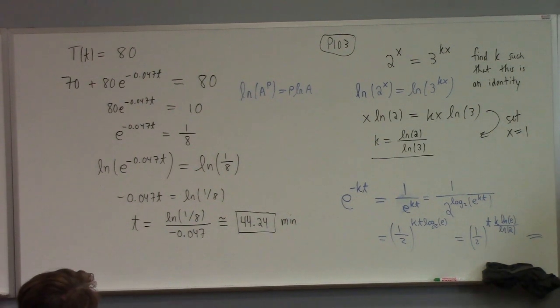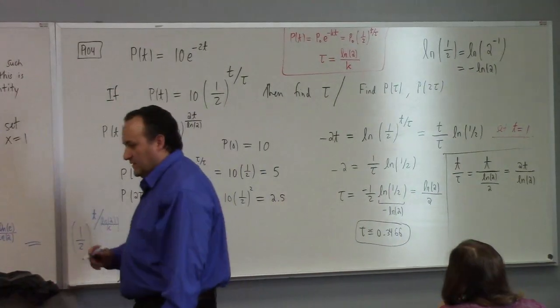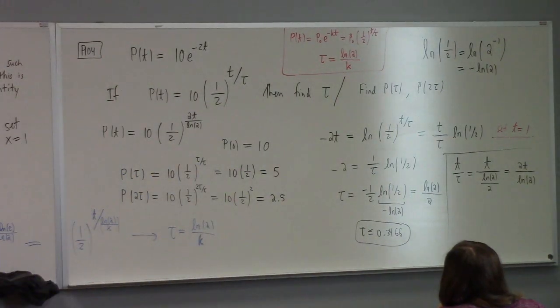So you can see from this that tau is equal to the natural log of 2 over k. So here's a way to derive this in general by just symbol pushing.